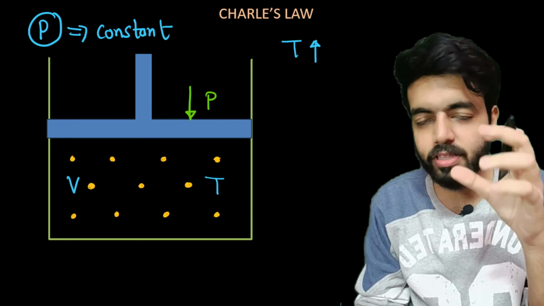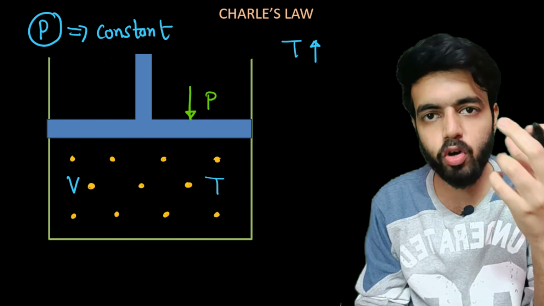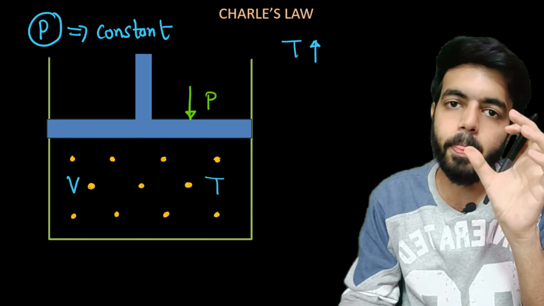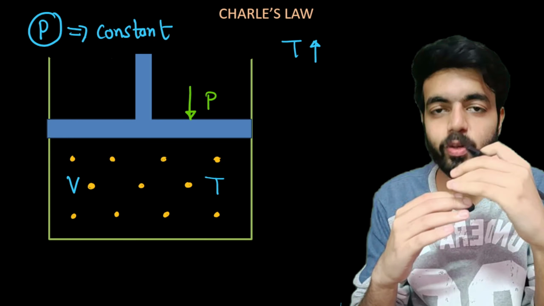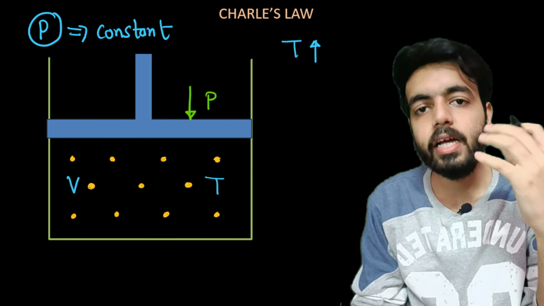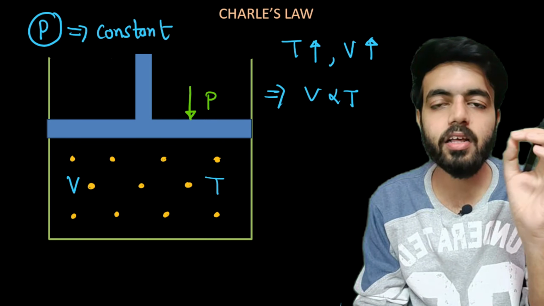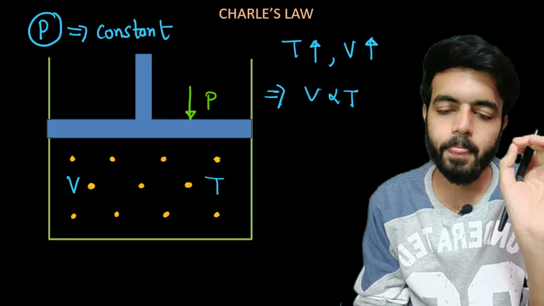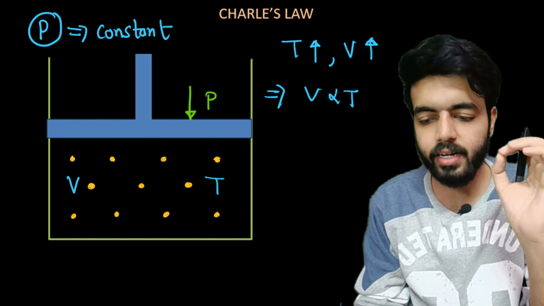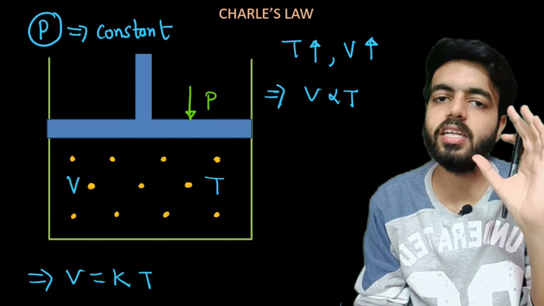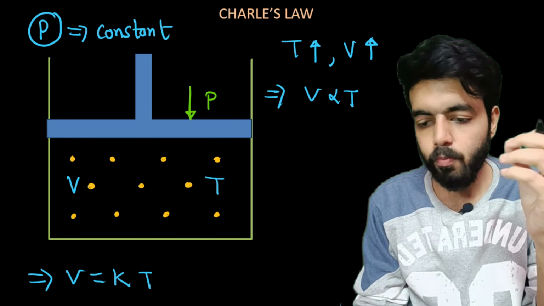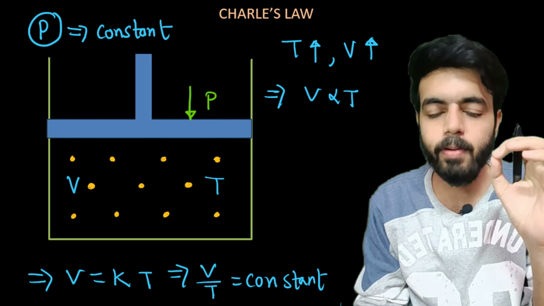Okay, and with the increase in the intermolecular gaps, the volume will increase because the gas will expand. So increase in temperature results in increase in volume, and thus we can say that V is directly proportional to T. Now if we remove the proportionality, equals to will come and a constant K will come. We can solve it further to get V by T equals to constant.